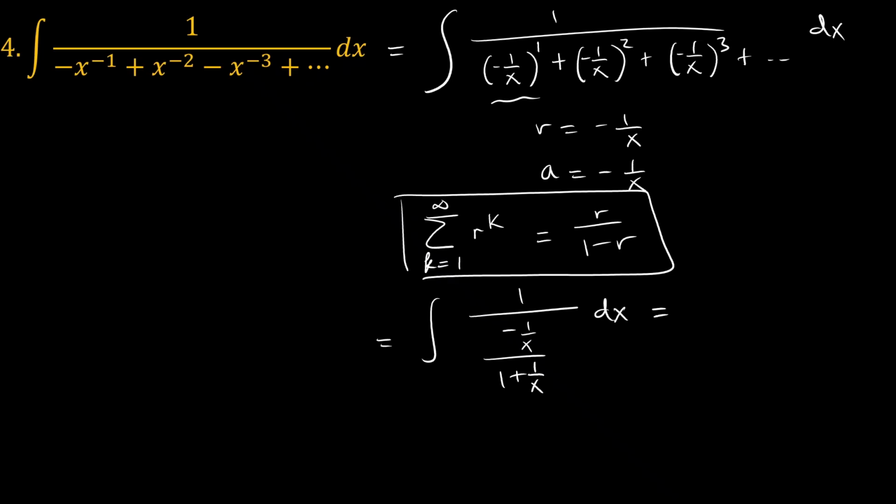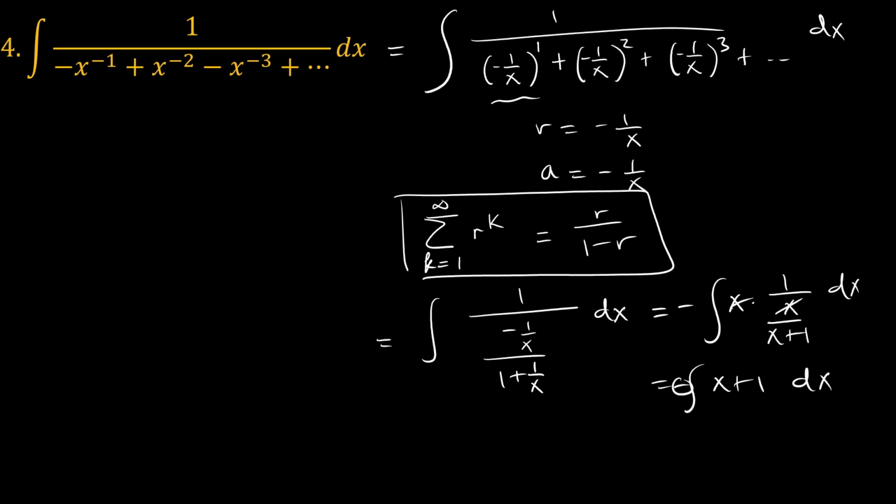So this is the same as, pull the negative out, we have x, 1 over 1 over x is x times, so since we have 1 over x over x plus 1, so that and that cancel, so we get the integral of negative x plus 1 dx.